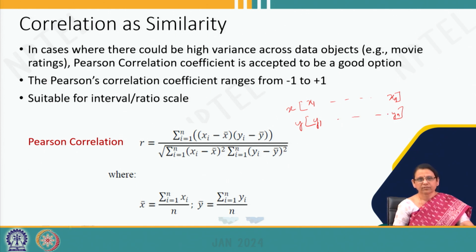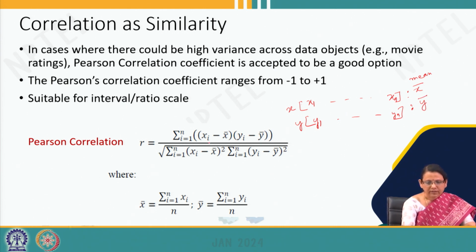This has some mean x bar and this has mean y bar. Given these means, they are subtracted from the individual elements, which are then multiplied, and you take the root.